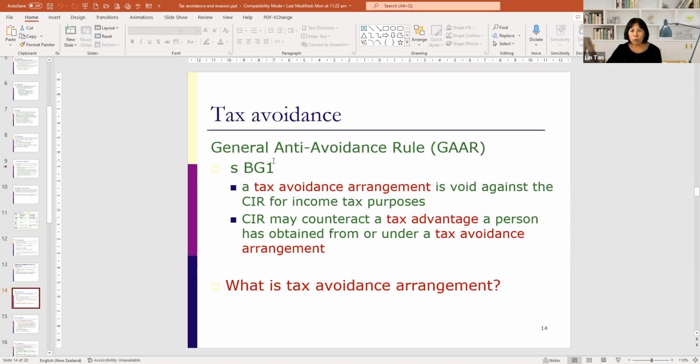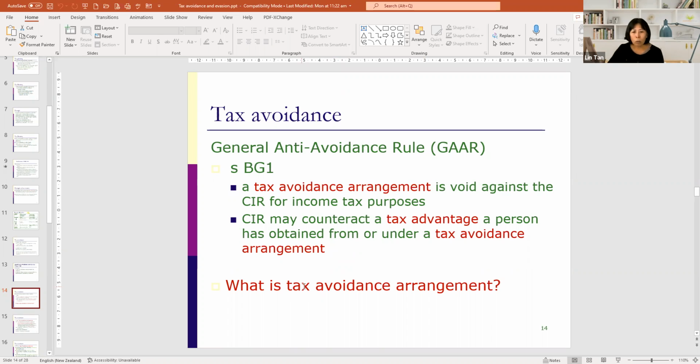So we have section BG 1 that says, if they see that it is a tax avoidance arrangement, it is void against the CIR for income tax purposes, and the CIR can counteract the tax advantage that the person has obtained under that sort of arrangement. So BG 1 gives the Commissioner of Inland Revenue the power to adjust the income, which counteracts the advantage that they obtain from that arrangement.